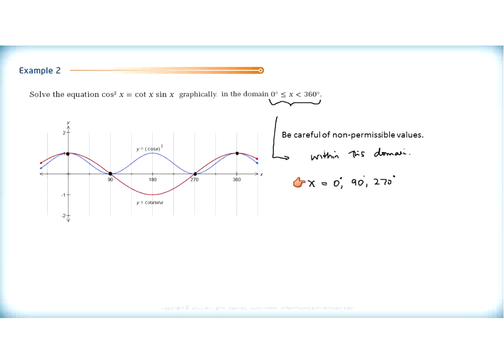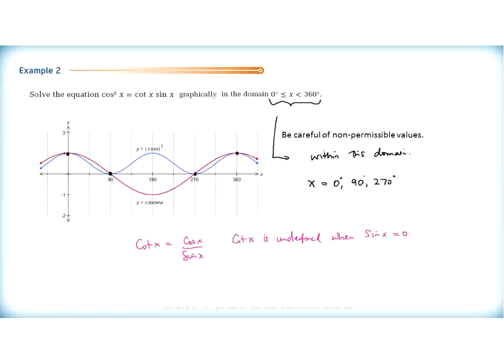However, we must also consider, very important point in this example, any non-permissible values. If we look at the equation, cosine squared x equals cotangent x times sine x, you should agree that cotangent x, which is equal to cosine x over sine x, is undefined when sine x is equal to 0.